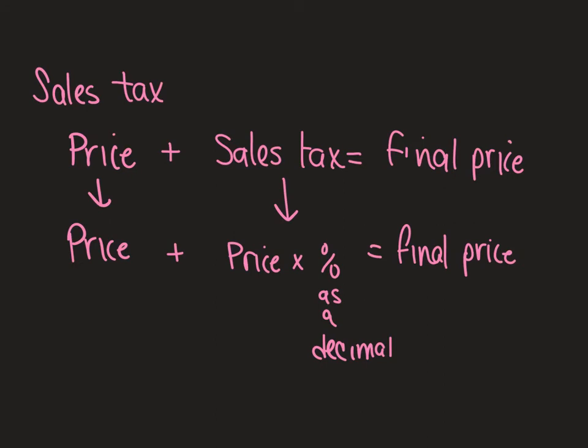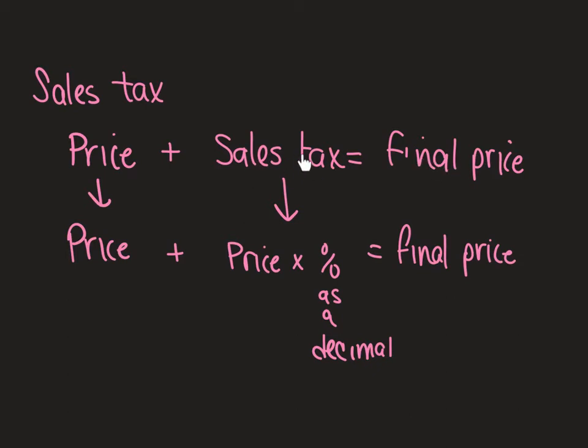All right, let's do a sales tax question. In general, with sales tax, you're going to take the price and add the sales tax, and that's your final price. So you walk up to Target and something is 99 cents. They add 5 or 6 cents of sales tax, and then they tell you that you owe $1.05, $1.06, $1.07, something like that, and that's your final price.